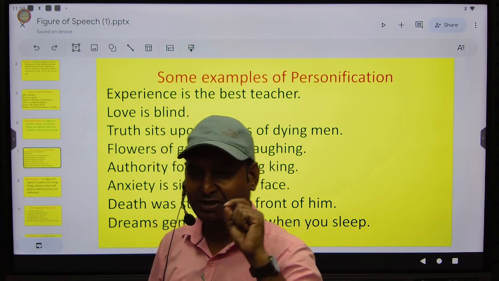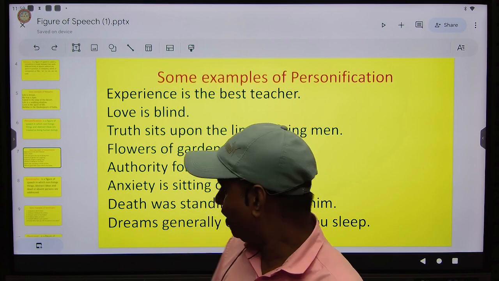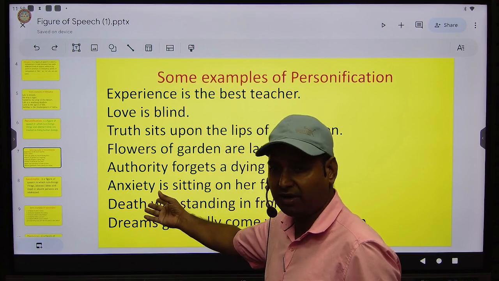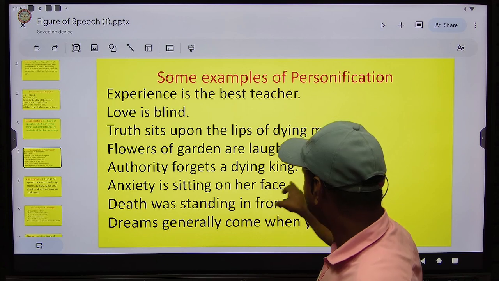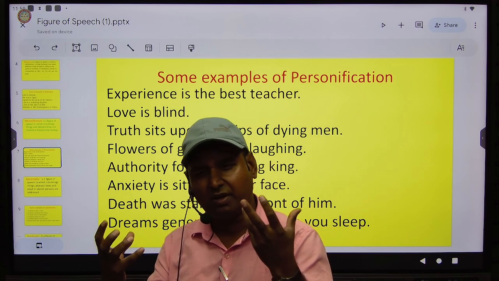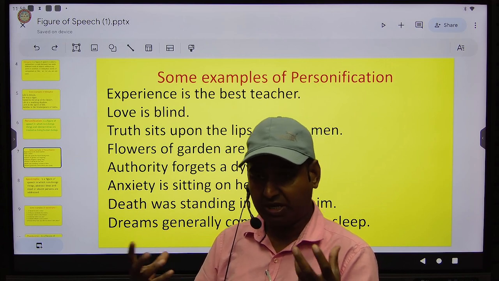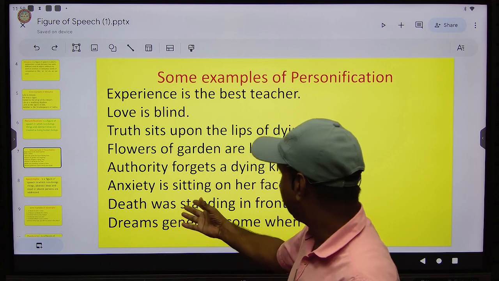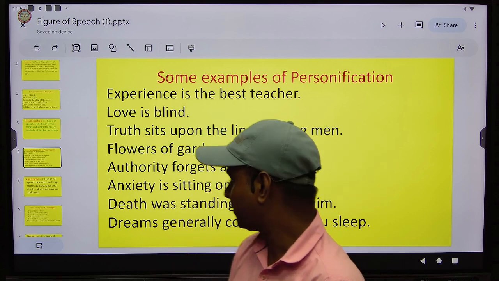It is the task of some human being. So once again, we are personifying this anxiety. Anxiety is sitting on her face means through her face we can assume that she is very much anxious. So this example is an example of personification.